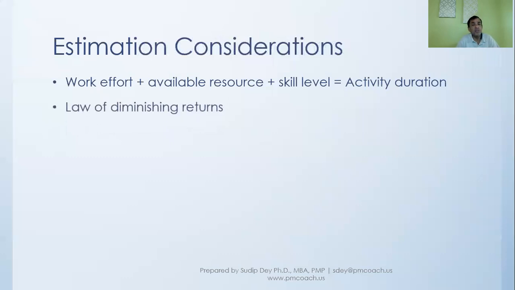Then we need to be aware of a few concepts. One is the law of diminishing returns. The law of diminishing returns essentially says that if we are increasing one input, keeping all the other inputs the same, initially we'll find that because we've increased that particular input, which impacts the result, we'll see a good return.